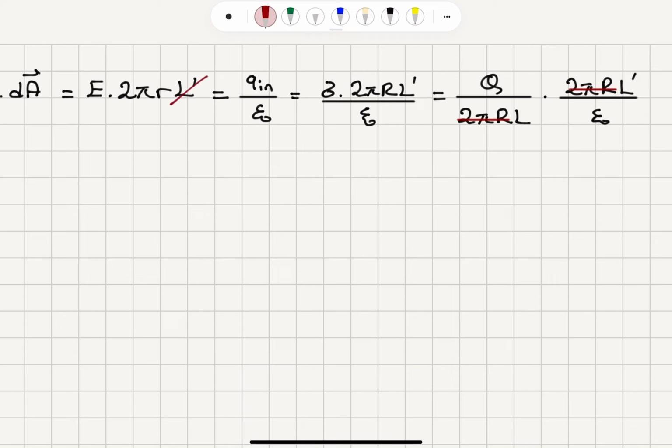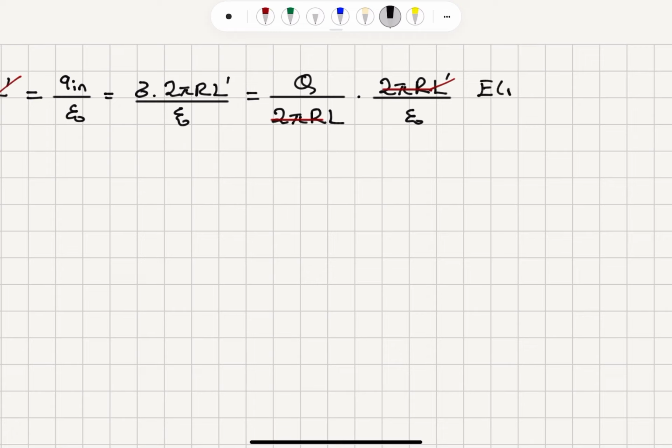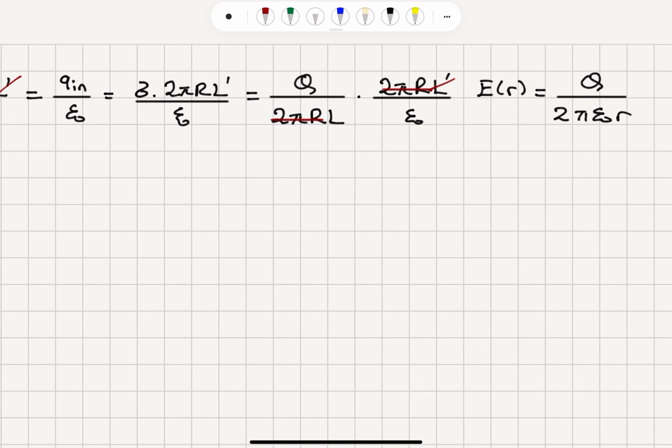And therefore I will find the electric field magnitude is Q divided by 2 pi epsilon 0 r. So 2 pi r comes from this portion. So at a radial distance r from the center, the electric field is the total charge of the hollow cylinder divided by 2 pi epsilon 0 r.